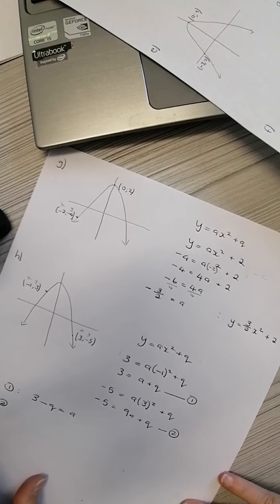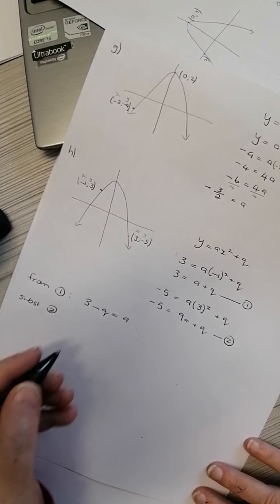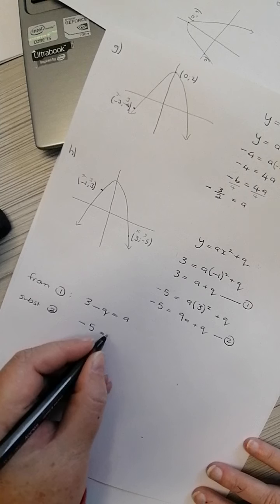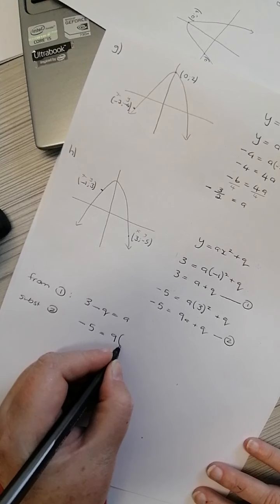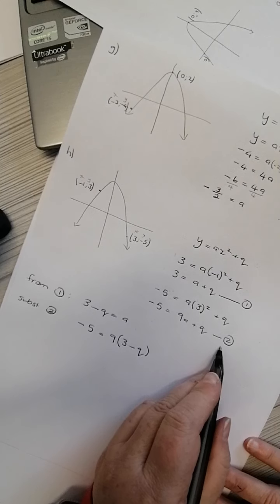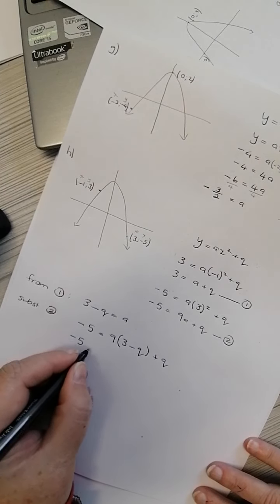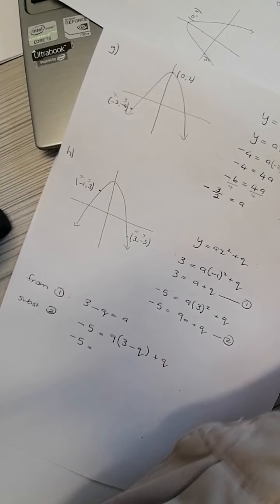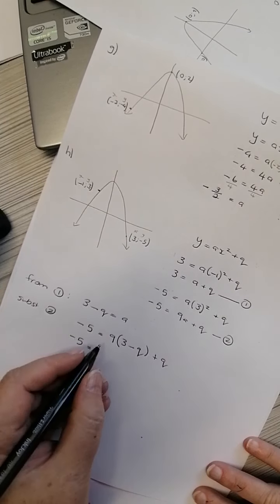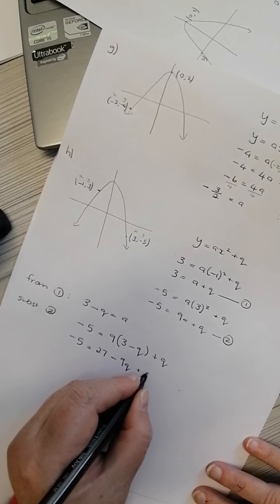Substitute into equation 2. And we say minus 5 is equal to 9a, which is now 3 minus q. Don't forget then the plus q. So minus 5 is equal to 27, 9, 18, 27, minus 9q plus q.